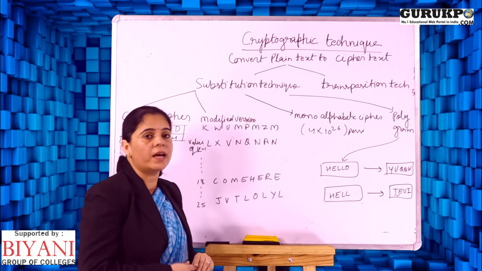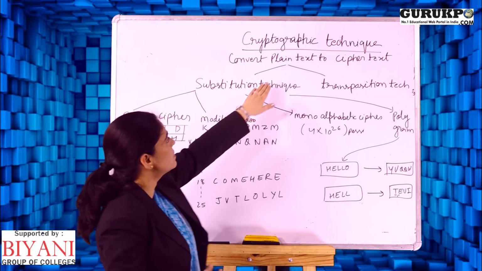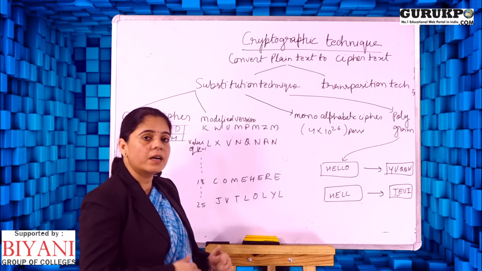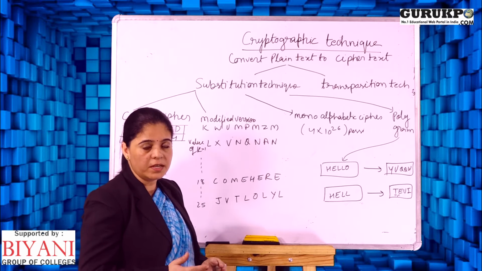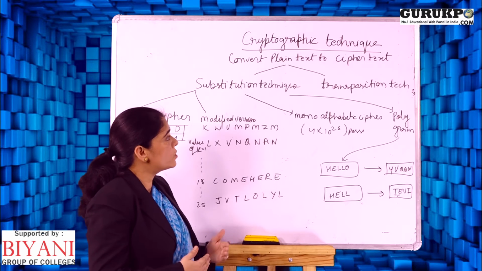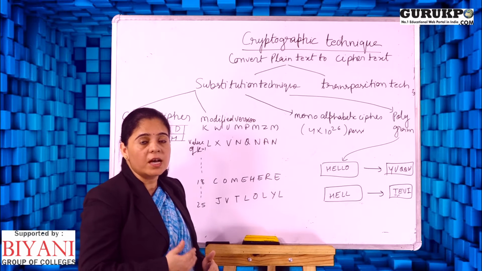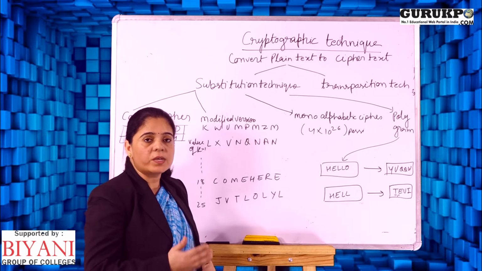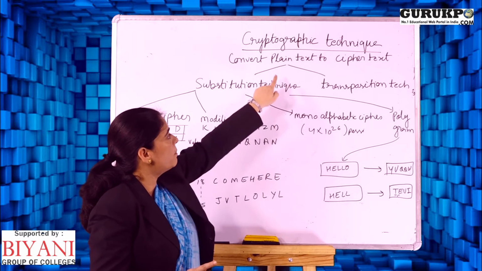In cryptographic techniques we generally use two terms, plain text and ciphertext. Plain text is understood by every user, in alphabetic form, numeric form, or block form, so that anyone can understand. Suppose we are sending an email from sender A to sender B, then both can easily read the message in plain text format.